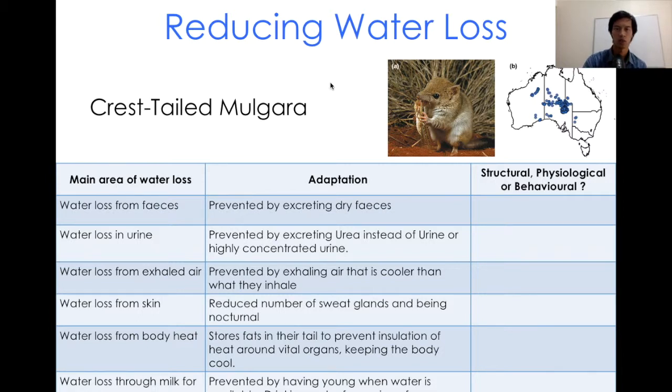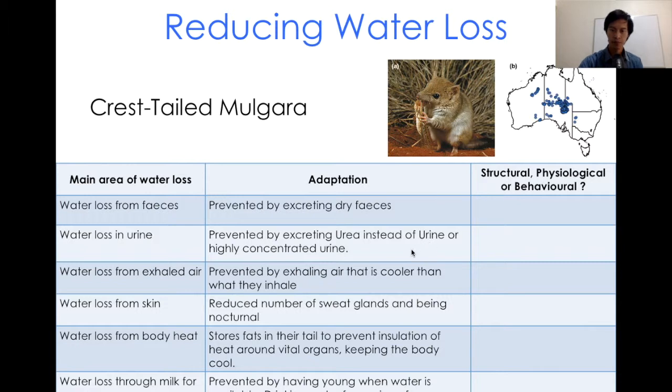This is the crest-tailed mulgara. It is a marsupial rodent, actually, living around the central Australian desert, and it's got a variety of features that allow it to reduce the amount of water loss it faces. For example, water loss in feces is prevented by sucking up the extra water from its feces, having an extra large intestine, allowing it to excrete dry feces.